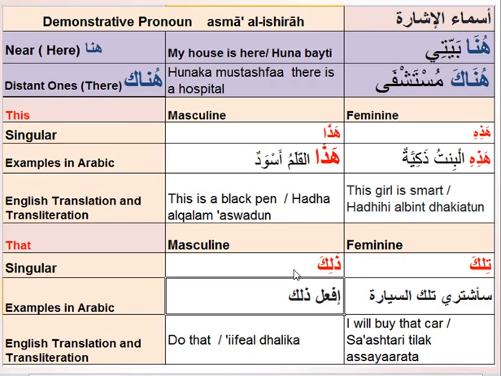It can be a place, it can be a thing also. Once you learn the vocabulary, you will learn that those root words are masculine or feminine. According to that, you can use hada, hazihi, or zalika, tilka, according to the nature of that word, masculine or feminine.